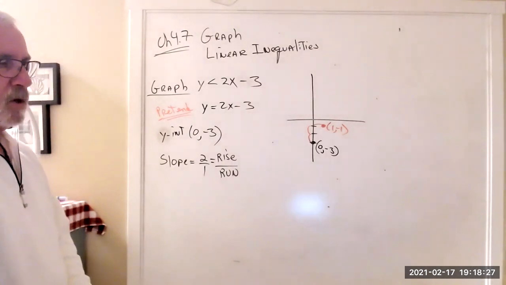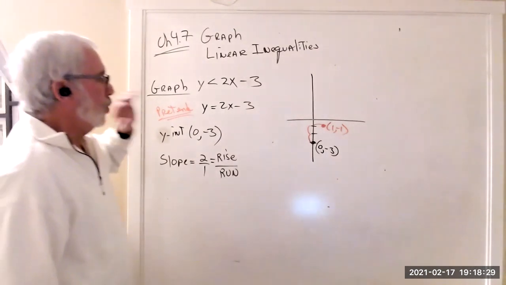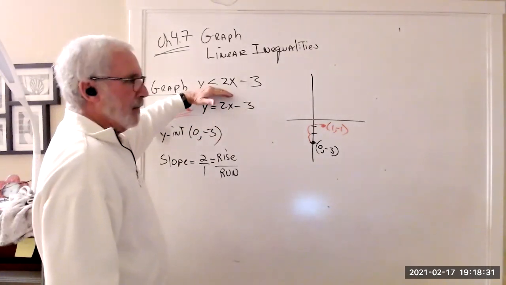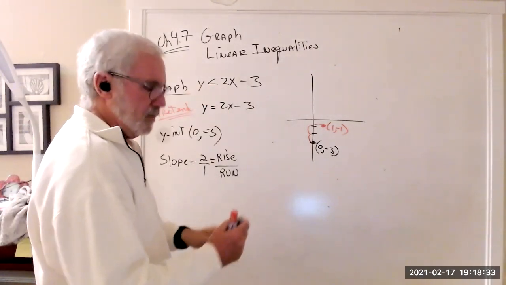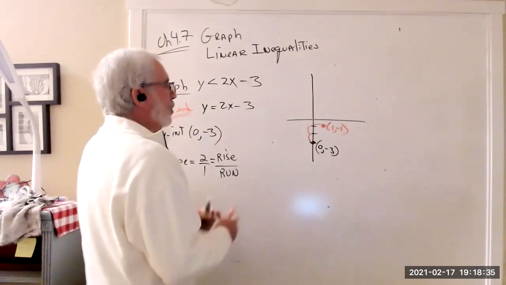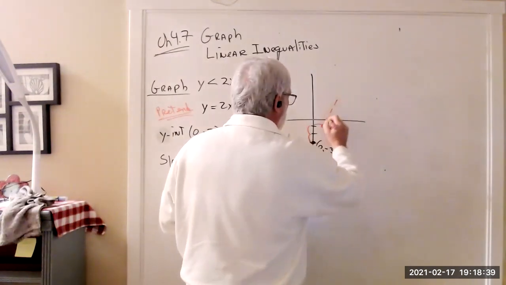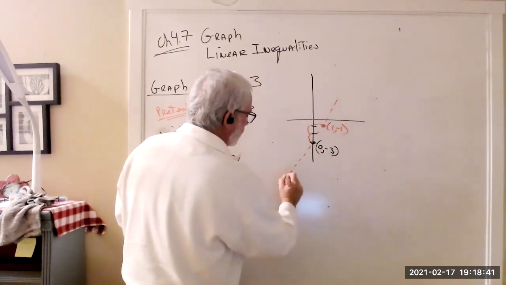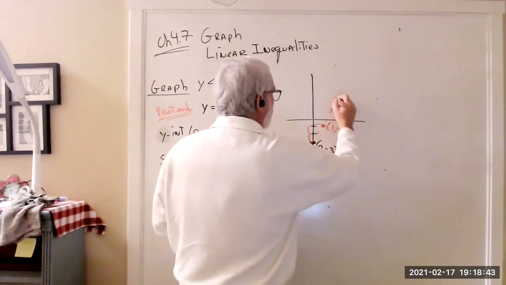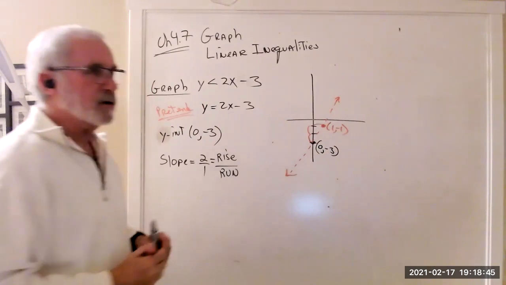This is a line, but it's not a line. Think about that. We draw this as a dashed line, a dotted line. Why is that?